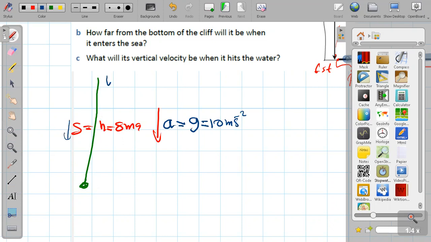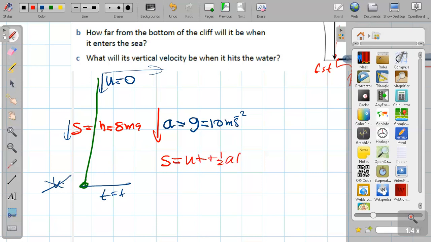At the beginning, the initial velocity downward is 0 because it was thrown horizontally. Time is what we need. Which equation can I use now? I can use s equals ut plus half at square.